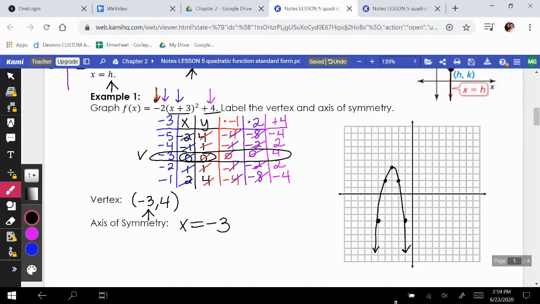And my axis of symmetry is the line x equals -3. So this is my axis of symmetry right here. Okay, and if you see AOS, that's my abbreviation I use for axis of symmetry. It does divide the graph into 2 symmetrical parts.